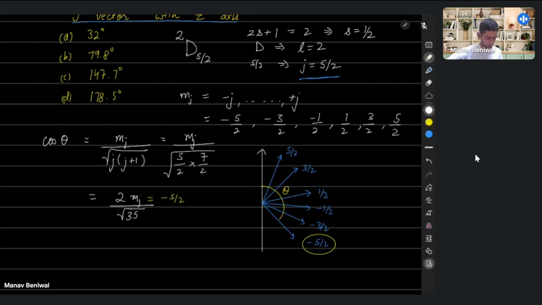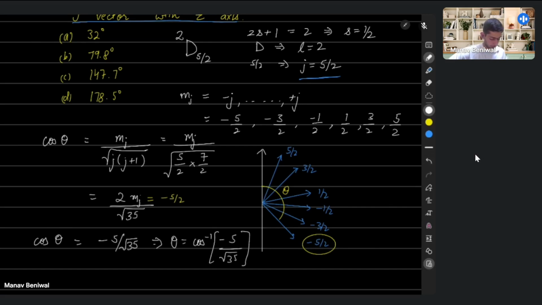What this means is that our cos theta will be minus 5 over under root 35, or this implies theta is cos inverse of minus 5 over under root 35.